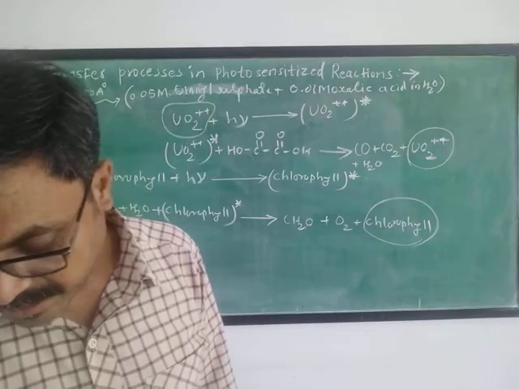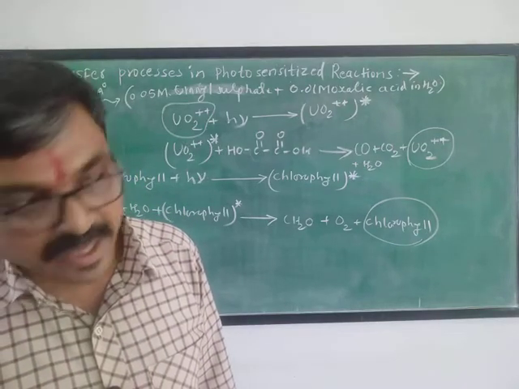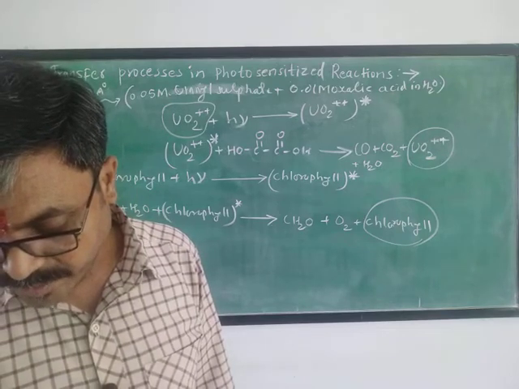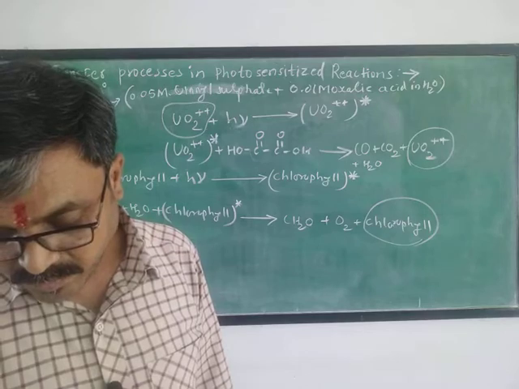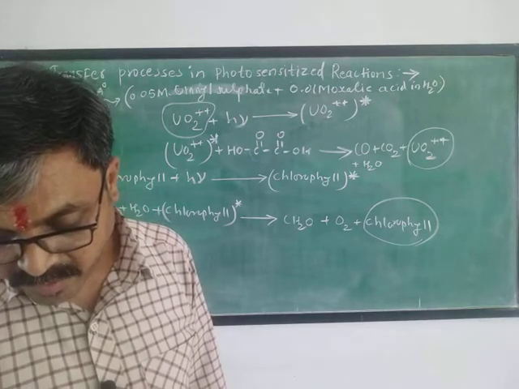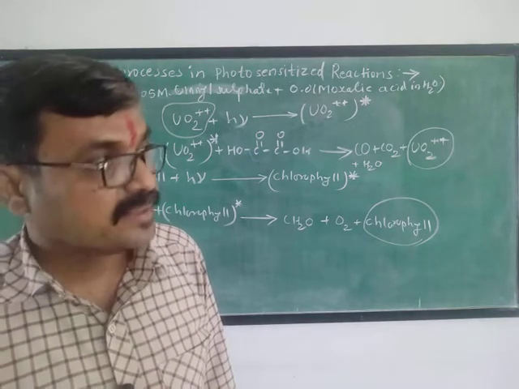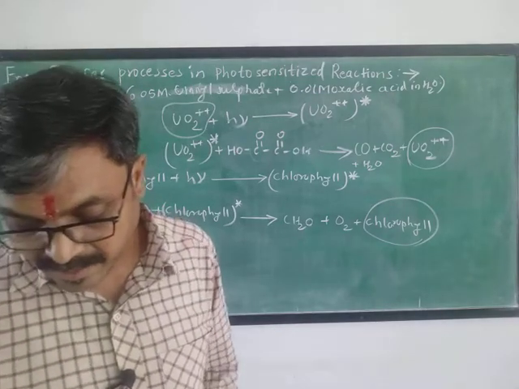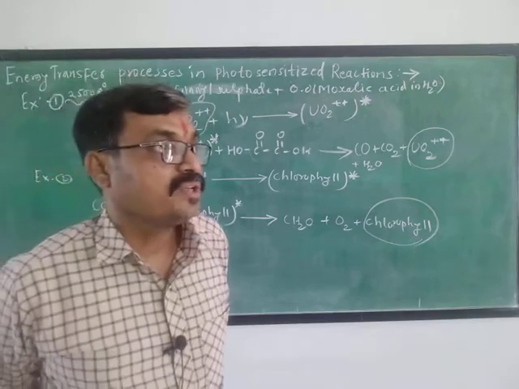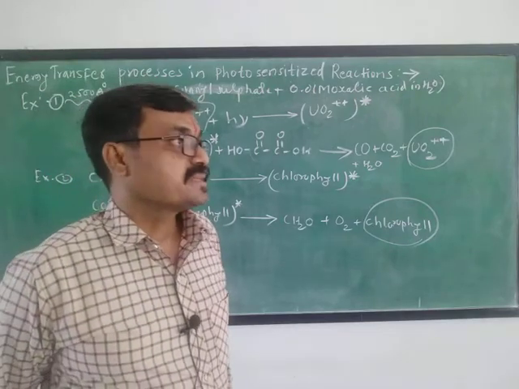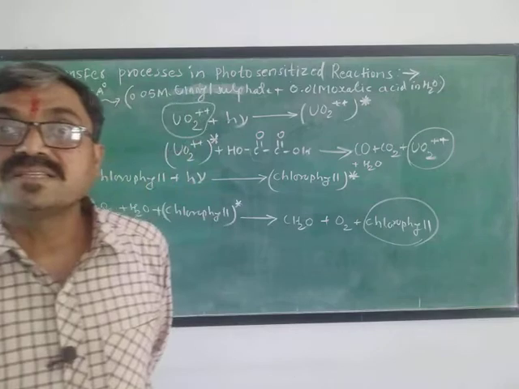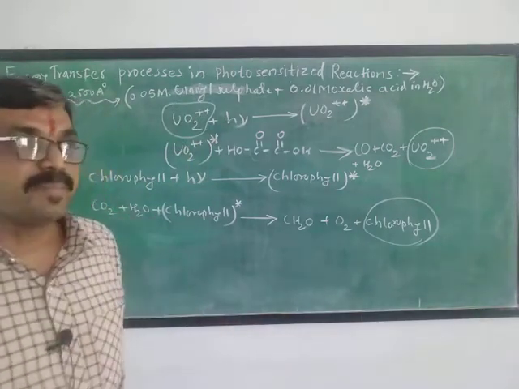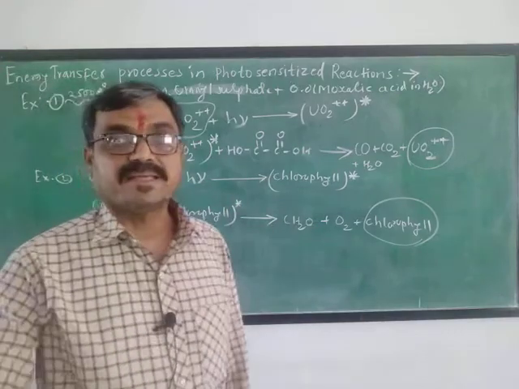In this reaction cis-butene-2 undergoes isomerization to yield trans-2-butene when it is exposed to radiation of 2537 angstrom wavelength, in the presence of a molecular photosensitizer, that is SO2. In this way, these are the various examples of photosensitized reactions.